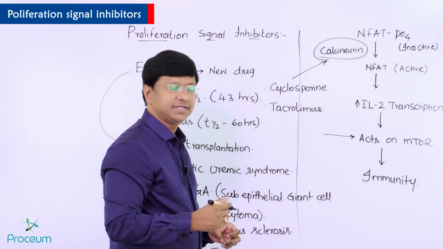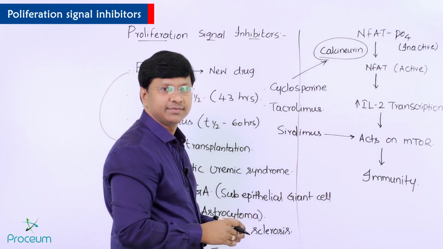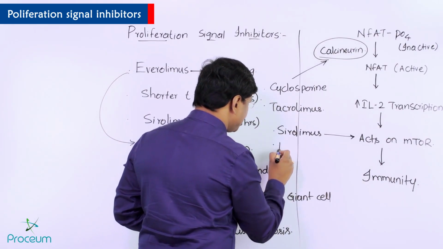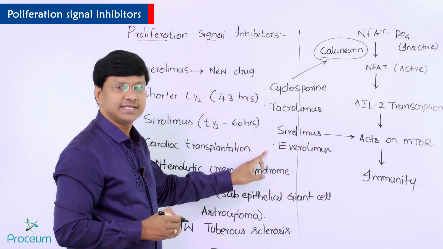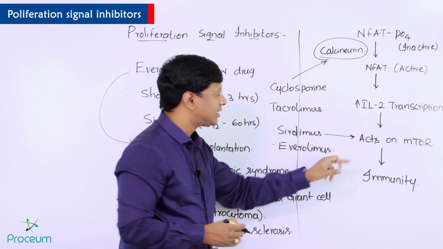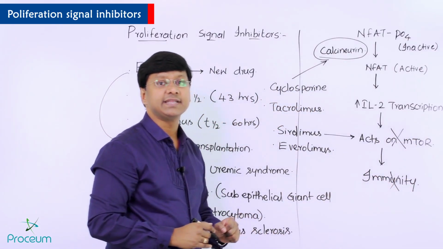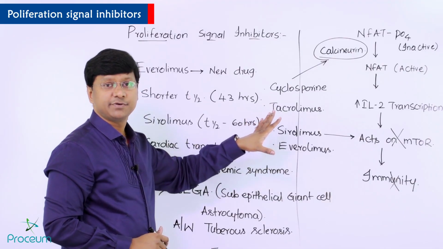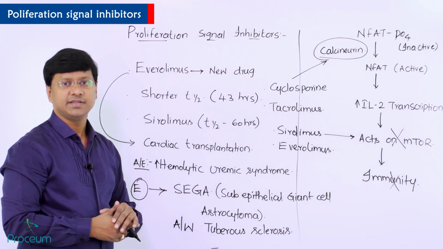These include sirolimus as well as everolimus. They act on mTOR and inhibit it, and thereby the immune system doesn't get activated. So this is the mechanism of action of the calcineurin inhibitors as well as proliferation signal inhibitors.